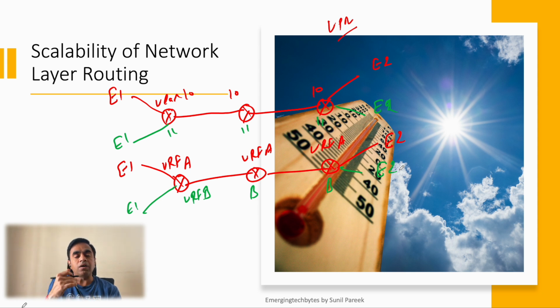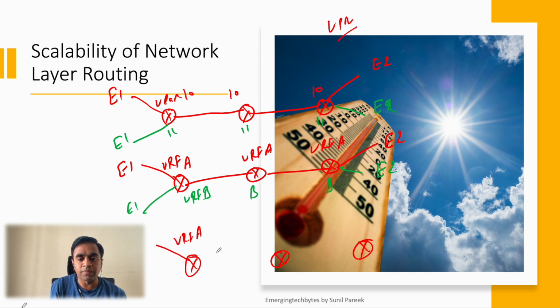And then there was a third way which was proposed, and let's understand it with the same example. I have my same 3 nodes, and here I implement, let's say, VRF A. All these 3 nodes are connected, and then I made some sort of tunnel and configured the VRF A here, and now my E2 can talk to E1.